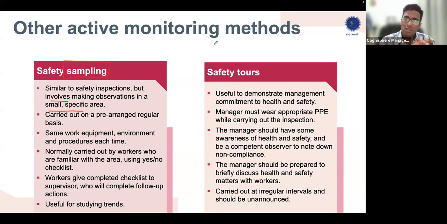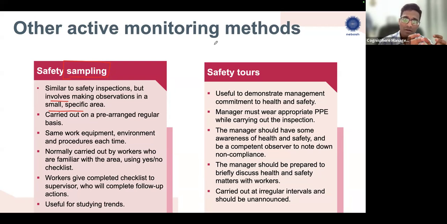If those 30 are in the correct location and in good condition, then it gives a strong assumption that the remaining 170 extinguishers are also in good condition and in the correct location. So by doing a safety sampling, we are still doing a physical check, but a random check, by taking a reasonable sample. It is less time consuming when compared to a full comprehensive inspection.